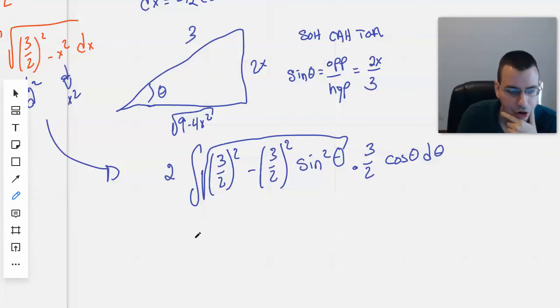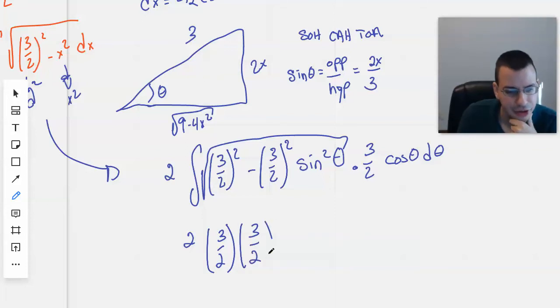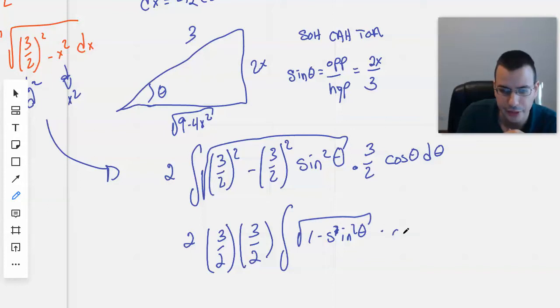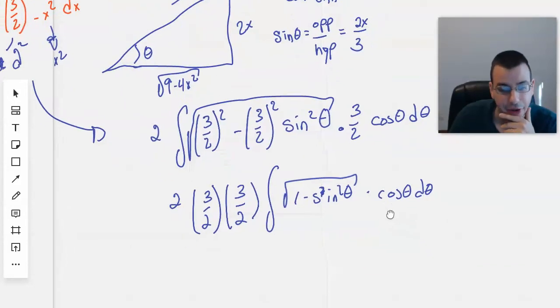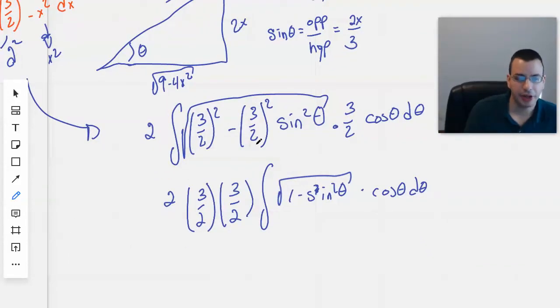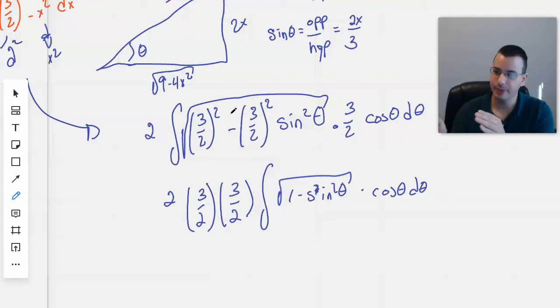Okay, probably do some canceling and moving around. I'm going to pull all of the scalars, constants out to the left, leaving 1 minus sine squared theta, square rooted, times cosine theta d theta. Good for us. So I pulled out the 3/2 squared, but I had to square root them to get them outside of the radical.